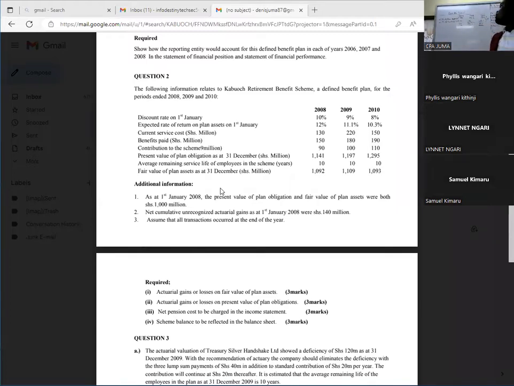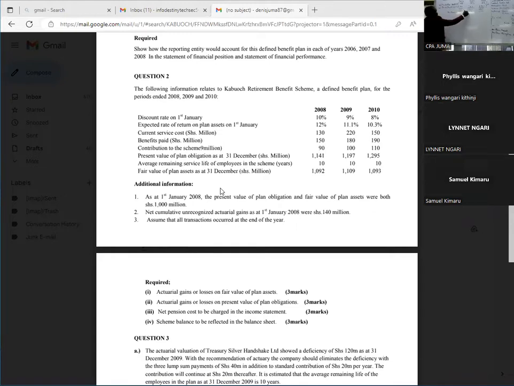Now, from the corridor is when we are going to know what goes to P&L. And what goes to P&L should be the excess. So right there, actuarial gains to P&L. So we are not transferring everything which we have gotten there.